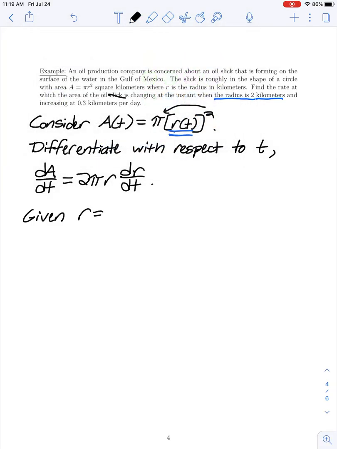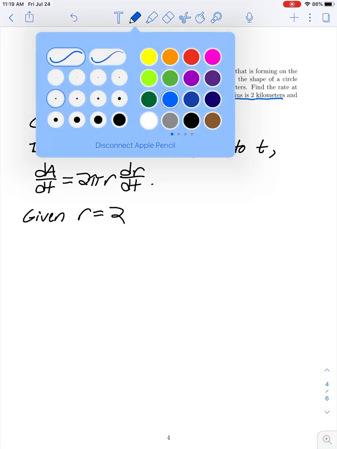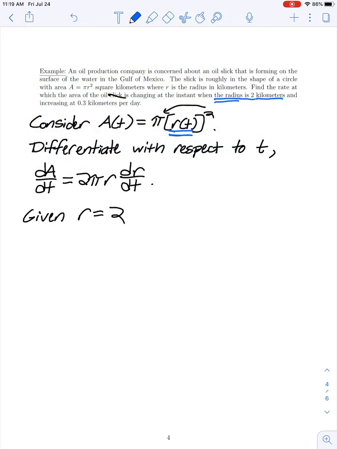So r, which was measured in kilometers, is 2. And we were told that the radius is increasing at 0.3 kilometers per day. So that is the rate of change of the radius with respect to time. It is 0.3 kilometers per day.